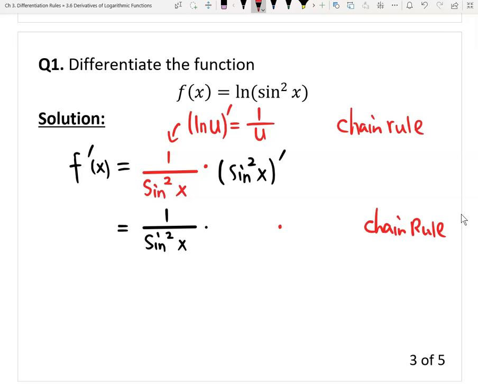And the outer function is u squared, which means 2 times u. What is u? Sine x. This is the derivative of the outer times the derivative of the inner, which is cosine x. Because the inner function is sine x. Sine x, take a derivative, we get cosine x. Can you see? That's all.